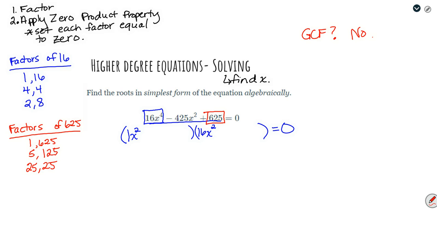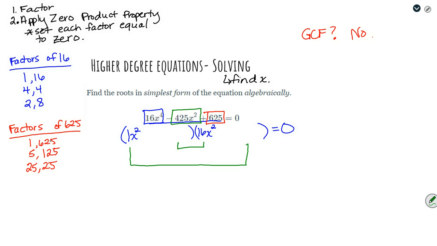Okay, so I have 3 options to choose from. I do know that the products here are going to have to combine to be 425, so I'm going to try to be strategic about how I pick which one, but I might have to try a couple of different combinations before I land on 2 products that will combine to be negative 425. So let's see what happens.